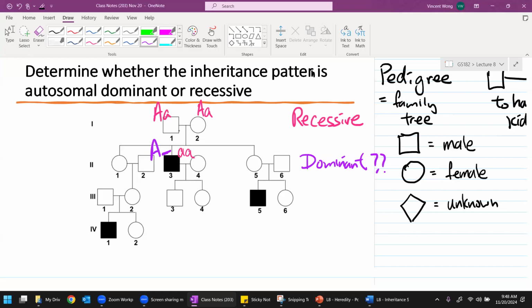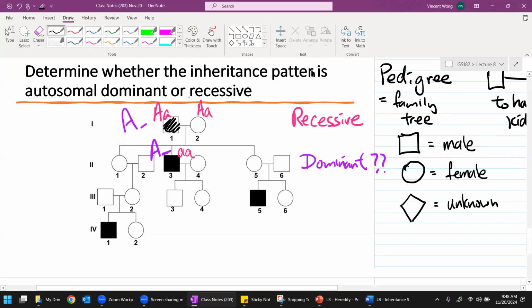And now listen. If they have one big A, that means the big A must have come from one of the parents. So let's say it came from the dad. If it's a dominant condition and the dad has a big A, the dad would be shaded in as well.